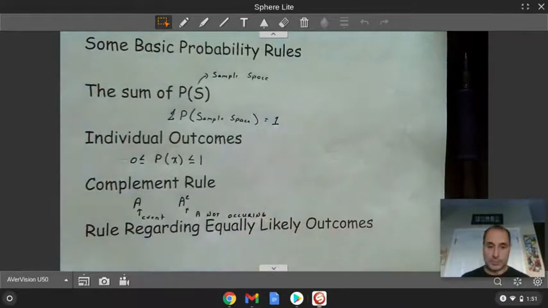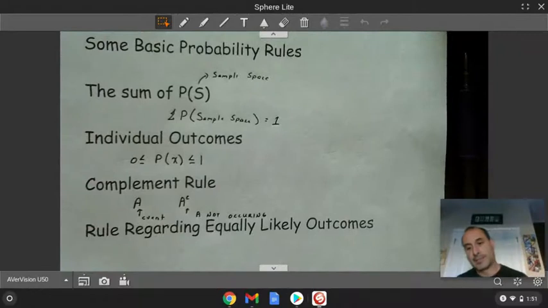So, let's go through a couple of examples. If A is the event that the sum is even, then the complement would be the event that the sum is odd. If A is the event that the sum is prime, A complement is the event that the sum is not prime.